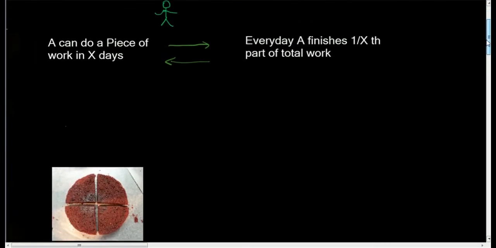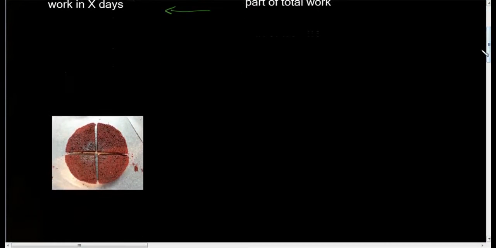Let's assume that A is given a cupcake and he decided to finish it in 4 days. So he cut it in 4 pieces uniformly and he decided that he'll eat one piece every day.